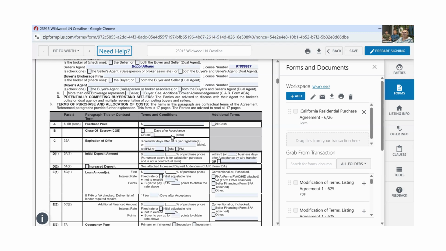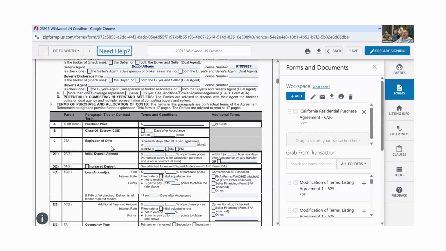If your client is looking for some sort of down payment assistance, that could add days onto your escrow. If your buyer is a VA buyer, that might take a little extra time. Just work with the lender, clear it with him or her on the number of days.